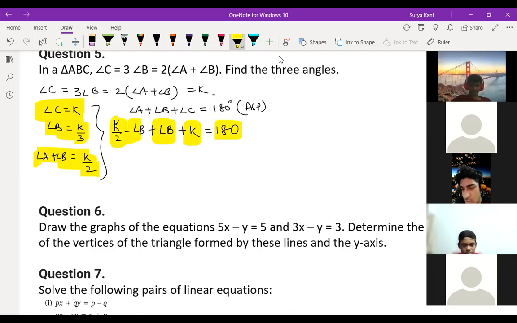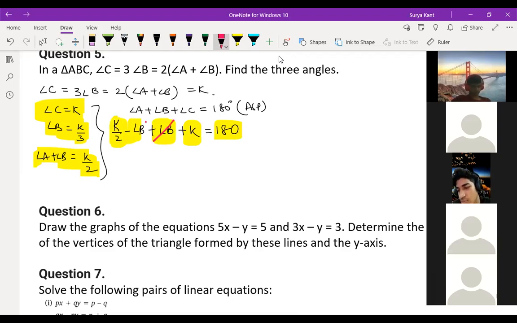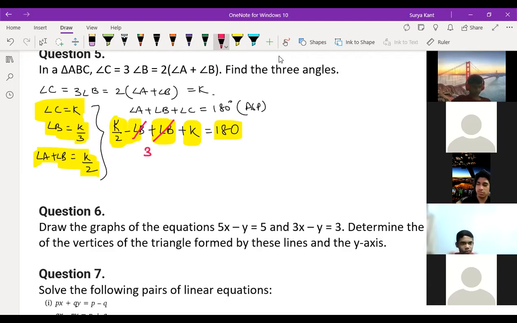Is it clear, children? I'm not putting angle B equal to K by 3 because here only we can get it cancelled, right? Is it clear, children? Yes, sir. So K by 2 plus K is nothing but 3K by 2, which is equal to 180. So K is equal to 180 multiplied by 2 divided by 3.